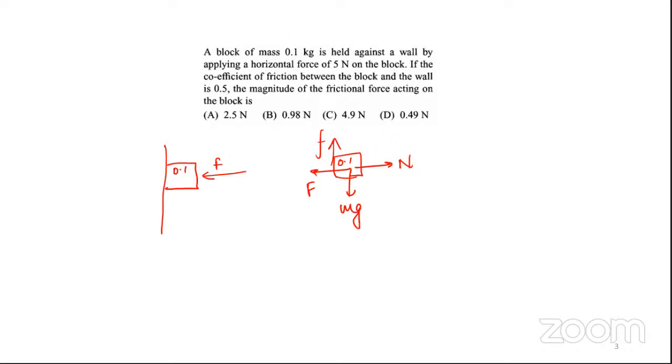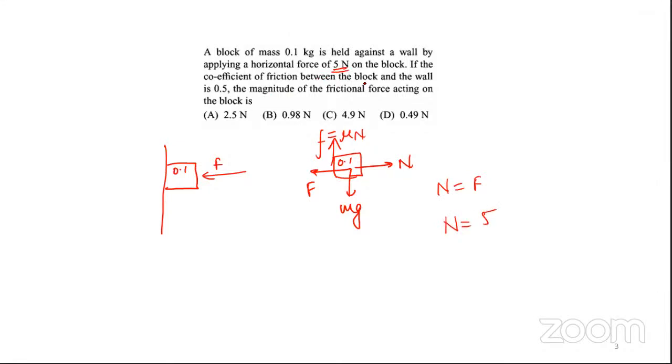Shall we proceed with the solution, or do you guys need more time? No, sir, please proceed. Alright. The maximum value of friction is given by mu N, and as this mass is not moving anywhere in the horizontal direction, we can simply say N equals F. F is given as 5 newtons, so N is 5.